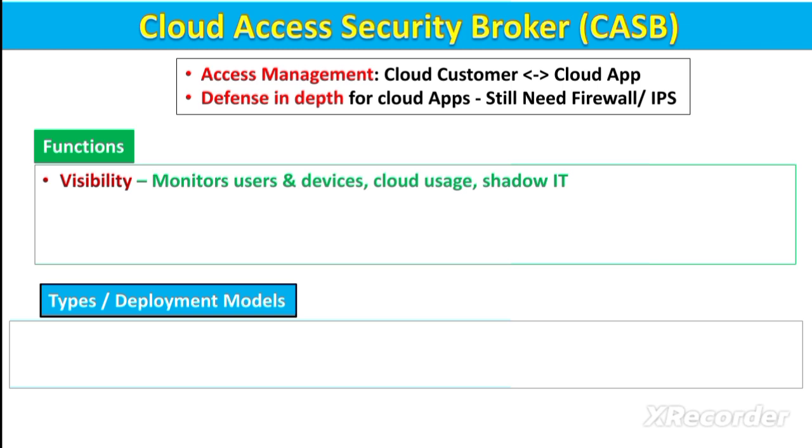So it monitors the usage of cloud resources by different devices and users of your organization. And it can also identify any shadow IT assets. So overall, it provides visibility into users, devices, and all the IT assets of your organization which are using the cloud services.